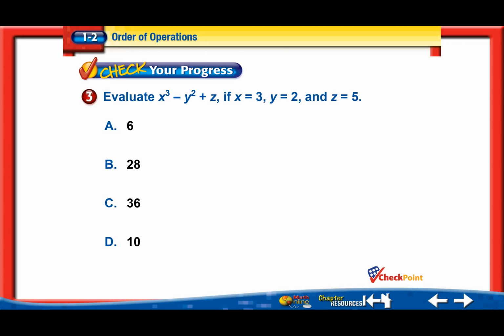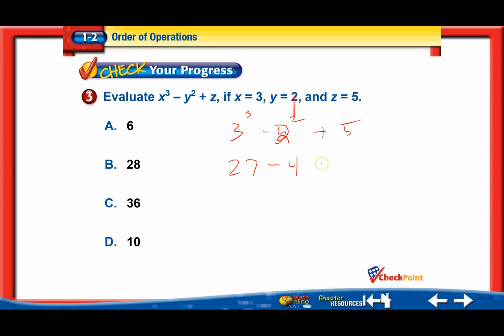All right, so we're going to insert these in. So 3 to the third minus y to the second plus 5. So 3 to the third is 27. Sorry, 2 to the second is 4.